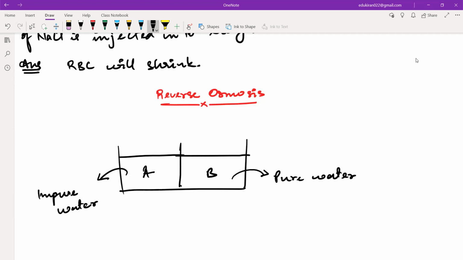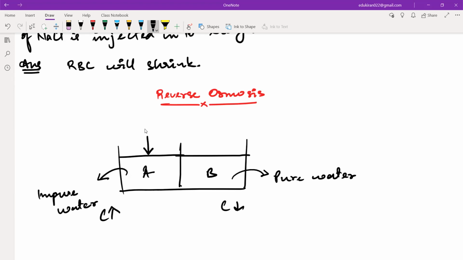Impure water, right? In A, correct? Yes or no, Rifat, Hanifa? Yes, impure water will have higher concentration. Concentration is higher here and concentration is lower here. Now you tell me where the water will flow, from B to A, correct? Yes. Right? Okay. Now what do we do in this?